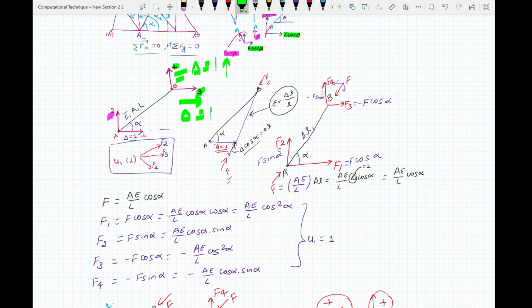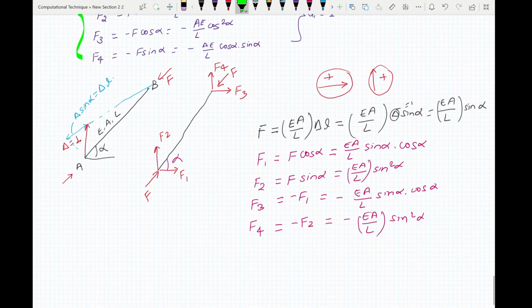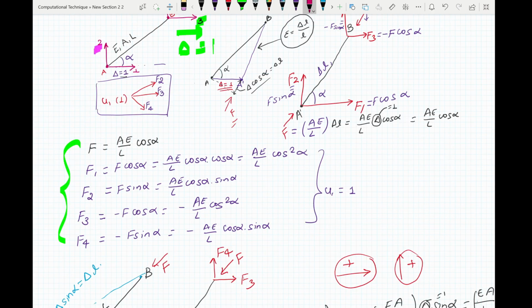Now if you do this, you'll obtain similar values to this one and this one, but with different sign. You can try it. Let's just make something clear here. In this case, since we are looking at the effect of displacing the element in the direction of degree of freedom 1, what you can write here is 1.